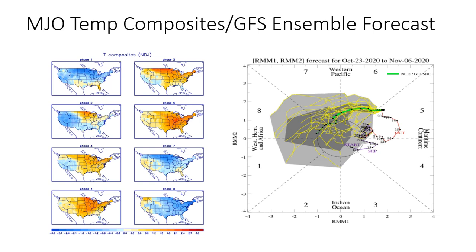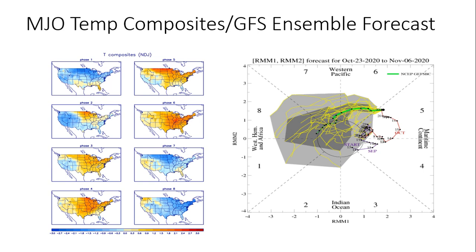So when we see MJO phases 7 and 8 and 1, it's generally cool across the eastern U.S., whereas phases 3, 4, 5, and 6 are very mild for a good portion of the United States with above normal temperatures.